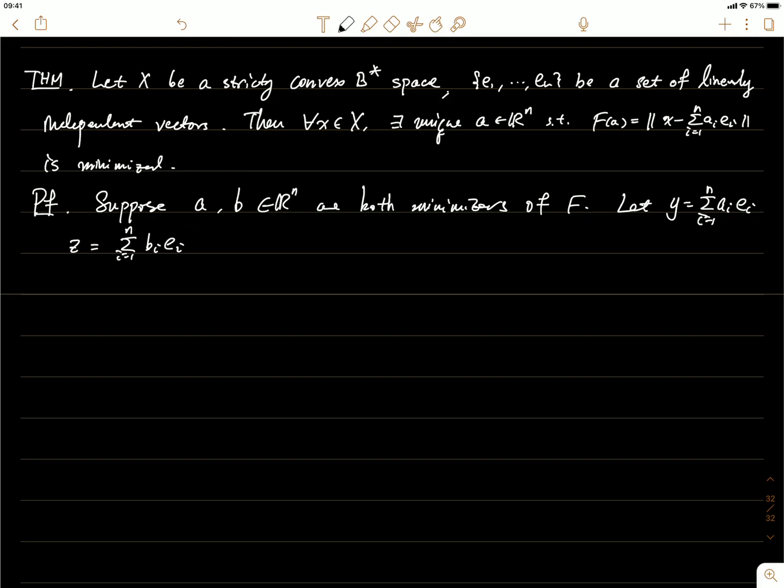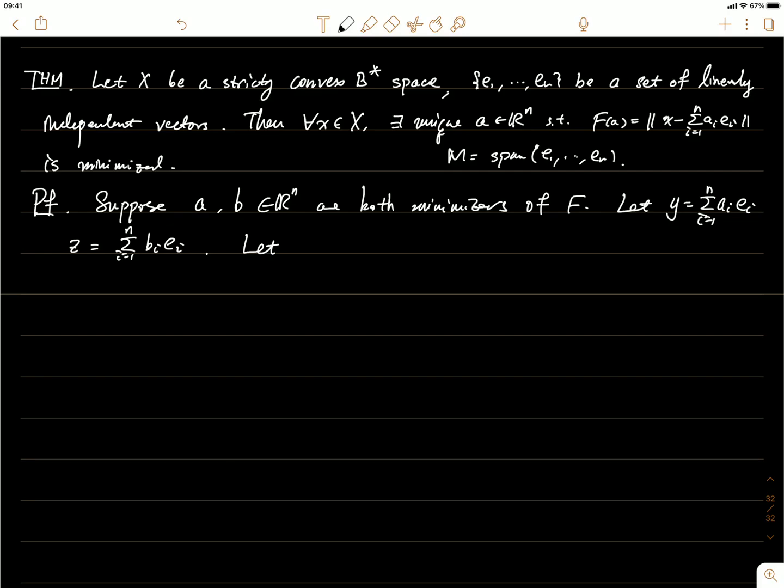You know this distance is just the distance between x and the space M, and this space M is actually the span of e1 through en.